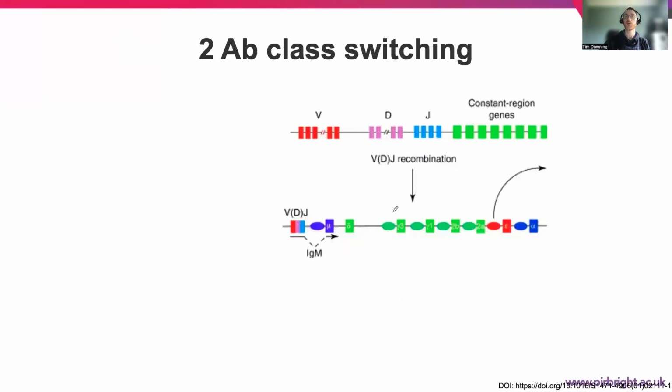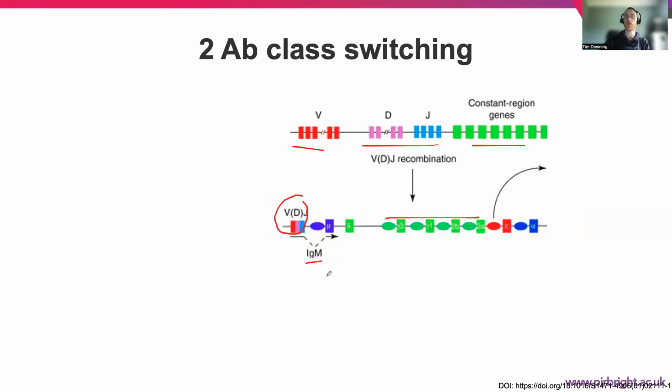So we have this process of VDJ recombination. We see here the V, D, and J alleles as well as the constant regions at the 3' end. Then we have our selected VDJ allele, and then our constant region here as well. This example is given for IgM.